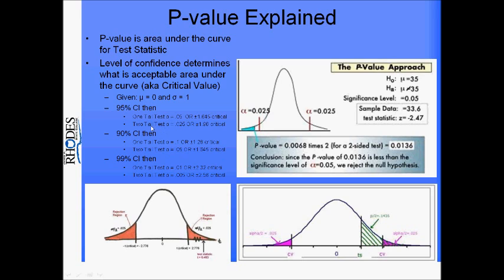Now, if you're talking about a two-tailed test where you're saying it's not equal, because you have two tails, you have to divide that 0.05 by 2. You can see in these examples, that's what they did. That 0.025 got divided by 2 because 0.05 is the total for 95% confidence. Same thing for the 90%.